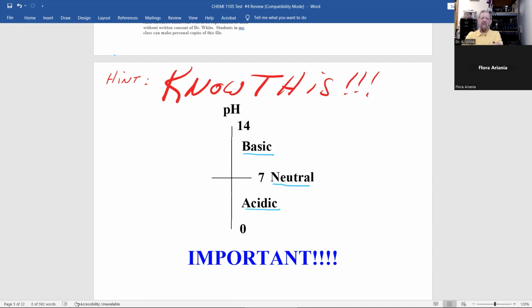Something basic would be certain drain cleaners that use sodium hydroxide; the pH would be about 13, which means it's basic. So at pH 7, neutral; below 7, acidic; above 7, basic. Notice it says important, and I was subtle on top. Hint, know this.